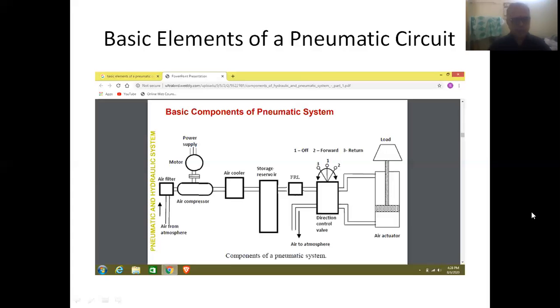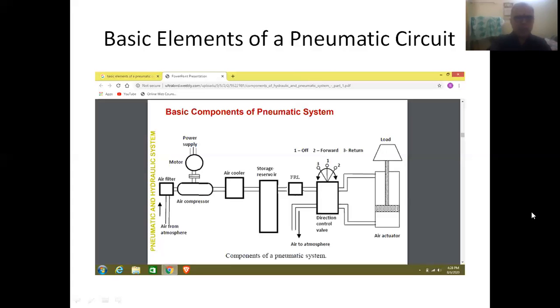Before entering the compressor, the air is totally filtered by means of this element. So this element will be removing the impurities present in the air. Therefore, the air that is entering the compressor will be totally free of impurities.